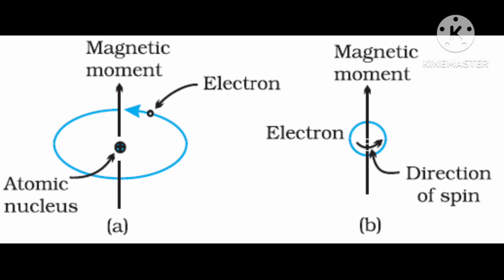Now, just the opposite of this: antiferromagnetism. Substances like manganese oxide, MnO, showing antiferromagnetism, have a domain structure similar to ferromagnetic substances.